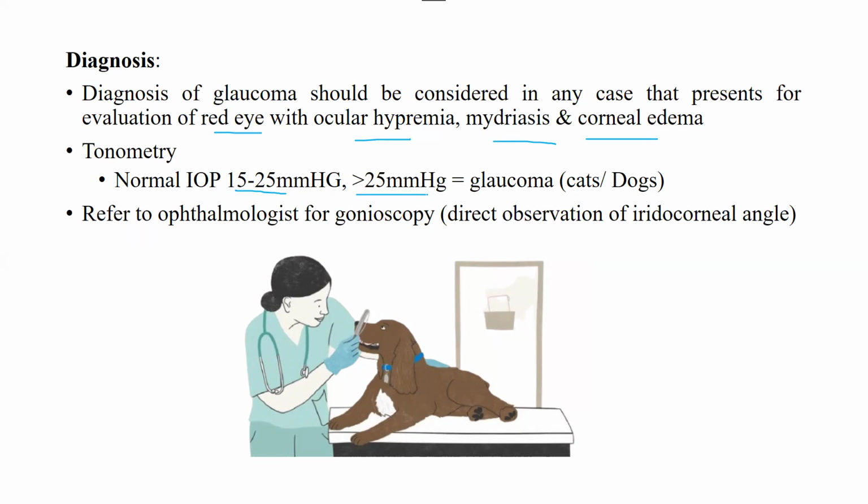If it's more than 25, it's glaucoma in cats and dogs. After that, there is a third test called gonioscopy, basically direct observation of the iridocorneal angle. But for that, you have to refer to the ophthalmologist. You are never going to perform that yourself as a general practitioner, so you have to refer this.